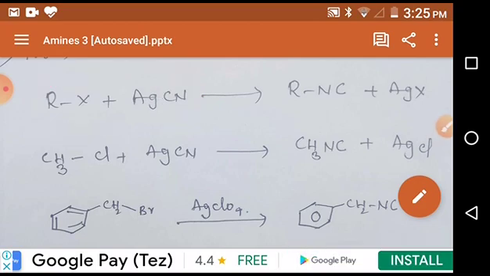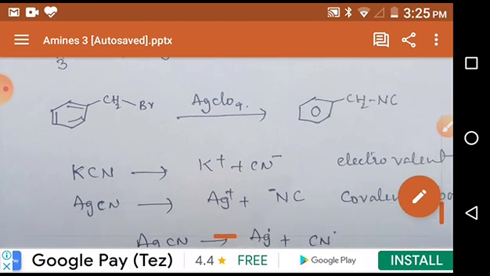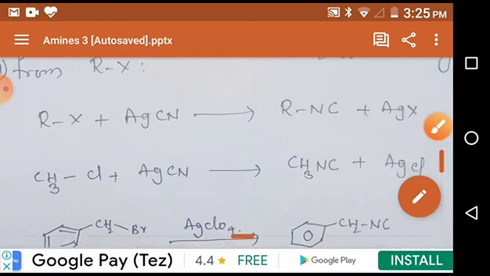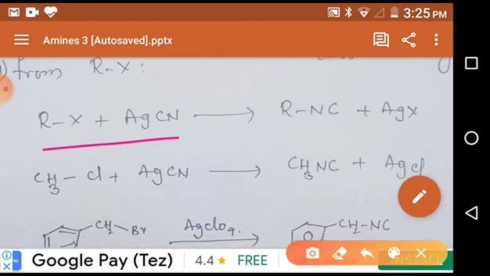So this is a nucleophilic substitution reaction. The same reaction with KCN gives cyanides, but if we use silver cyanide in place of KCN, we get isocyanides.